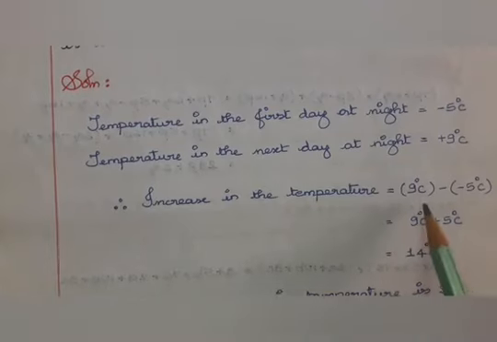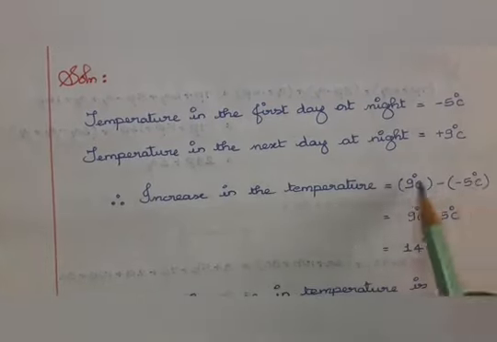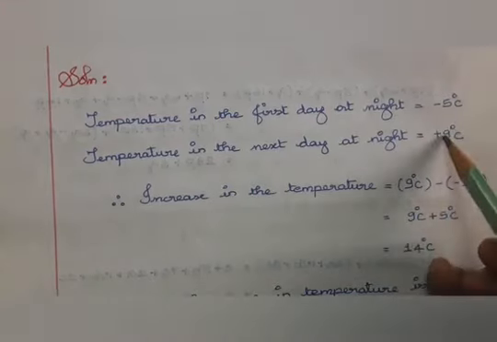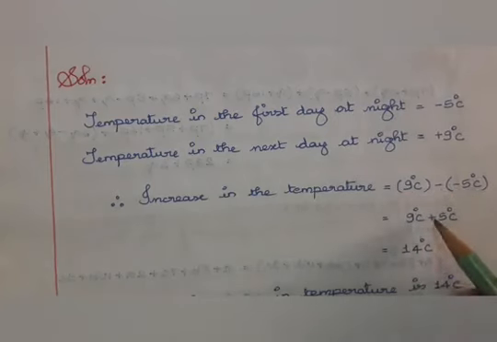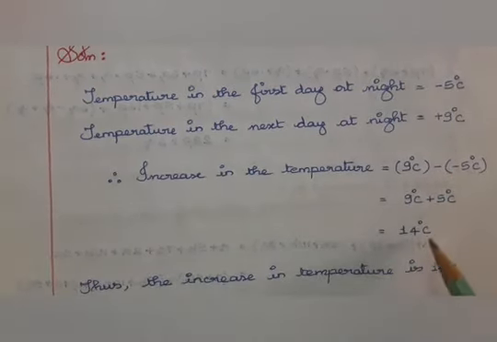When you subtract both, you can find how much it has increased. So 9 degrees Celsius minus minus 5 degrees Celsius, minus into minus is plus, 9 degrees Celsius plus 5 degrees Celsius is equal to 14 degrees Celsius. Thus the increase in temperature is 14 degrees Celsius.